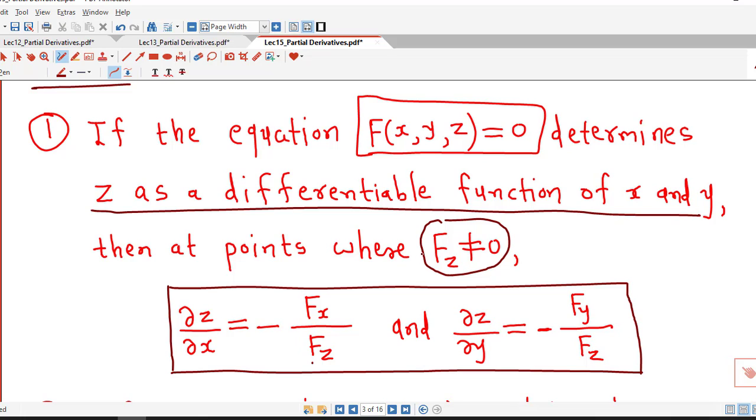So here we are interested in the partial derivatives of z with respect to x and y, and we have discussed this formula in previous lecture.